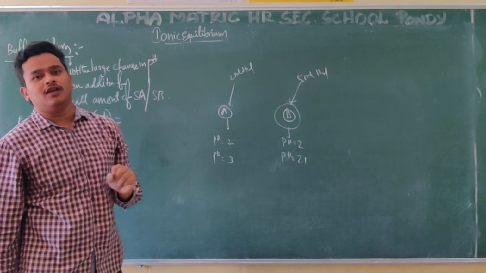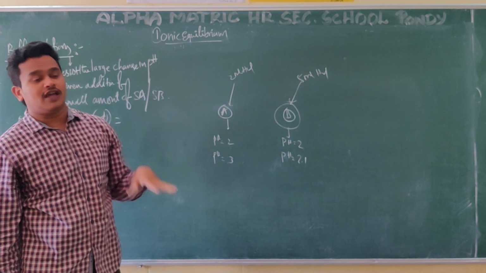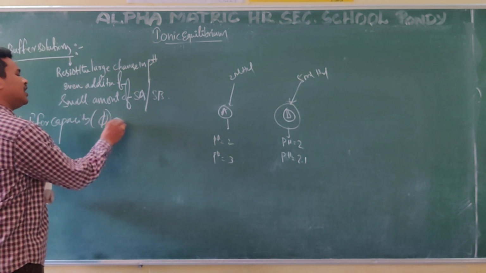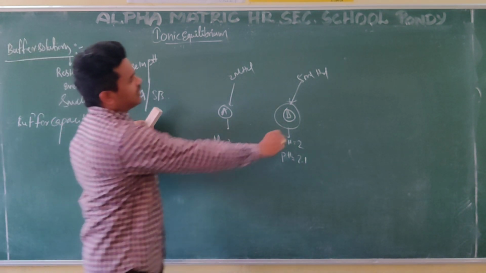At that time, B is called a strong buffer, a good buffer. A good buffer can always resist the change and keep the pH value the same. Mathematically, how can you say this?